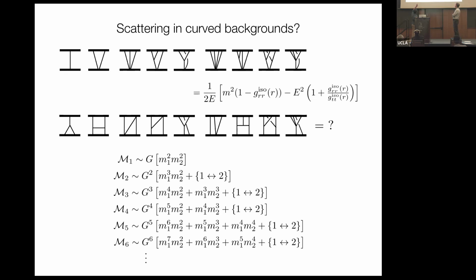And the top guy basically resums to the background. So if you view the top guy as the background, then you are computing insertions of the background. And here in the second line, you basically have a self-energy loop with one insertion of the background, two insertions of the background, and so on and so forth. So that self-energy loop has to be regulated.